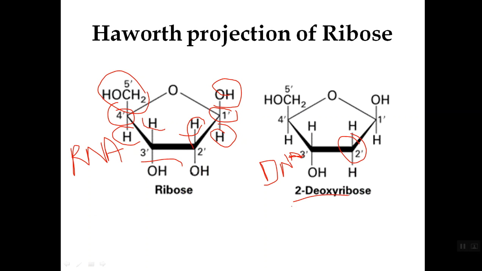It has the C1 atom OH upwards and H downwards, and since oxygen is not there at C2, you have H upward as well as downward. But at C3 you have H upwards and OH downwards, and at C4 you have H downward and CH2OH, that is the 5th carbon atom, is placed.